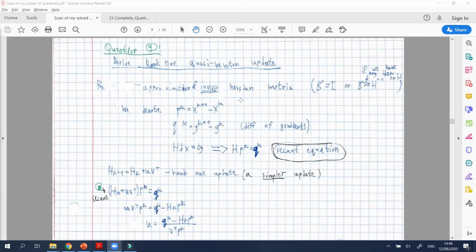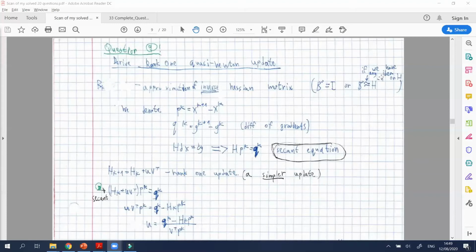So if we want to approximate the matrix, first of all, just as an idea, we will show at the end how we approximate the inverse Hessian. For the first iteration, which sometimes needs a starting condition, we can use I, the identity matrix, or some approximation which we have of the inverse Hessian.